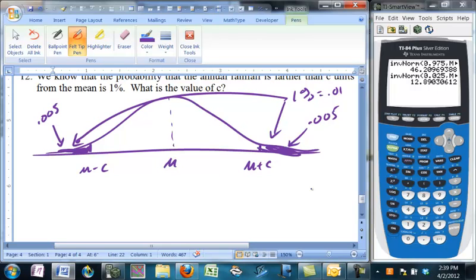So that means up to here we have 1 minus 0.005, or 0.995, and below here we have 0.005.